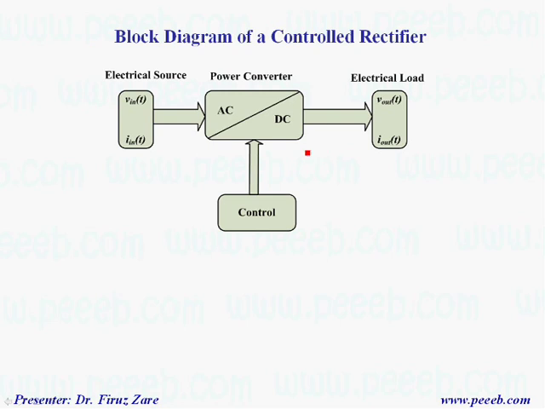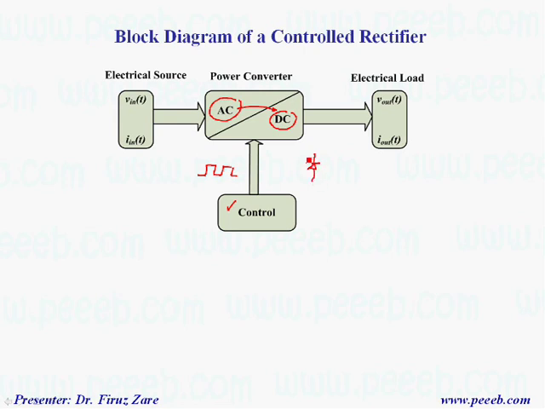So this is a block diagram of a control rectifier which basically converts the AC voltage into DC voltage. What's happening here, we have a controller because this is a control rectifier. So using this controller we can generate pulse voltage. That means we can determine the turn on time because this is based on thyristor or SCR.